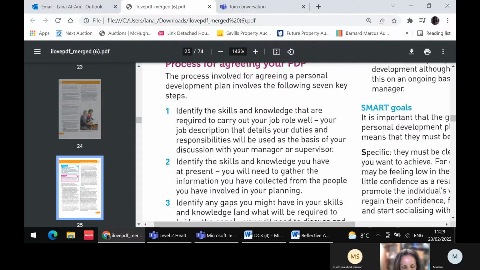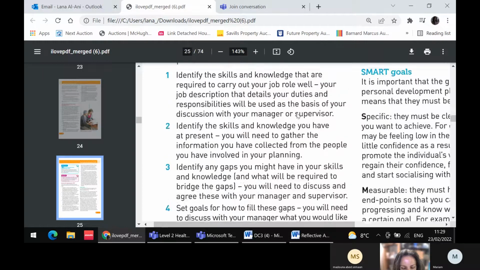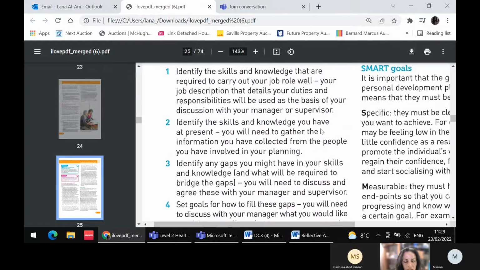First of all, the process involves agreeing on the following 7 key points. First, identify the skills and knowledge that are required to carry out your own job at the moment. So first of all, you need to identify which type of training you need.